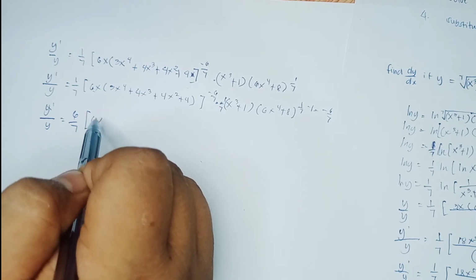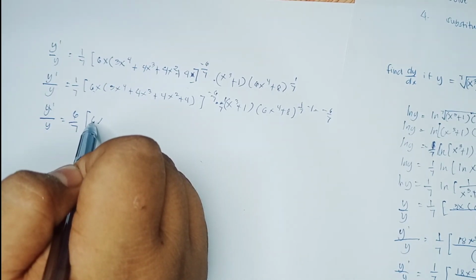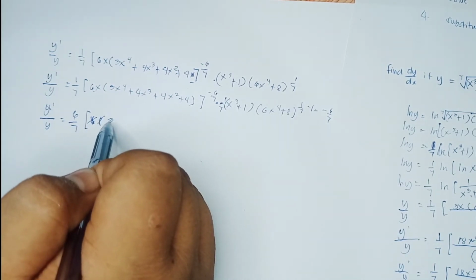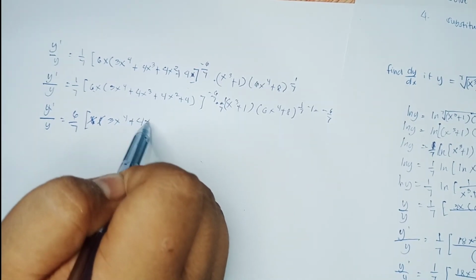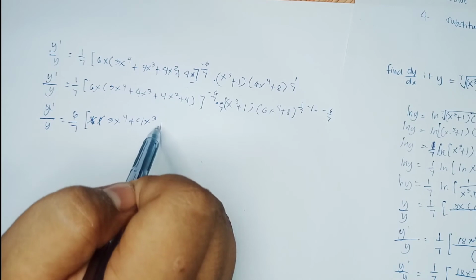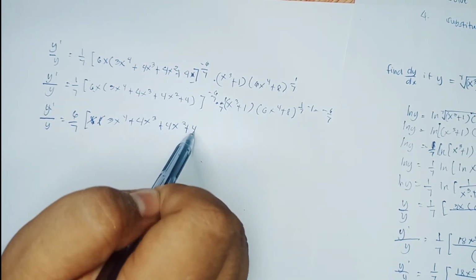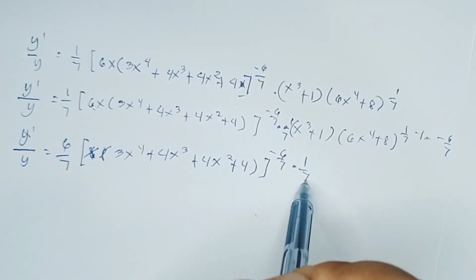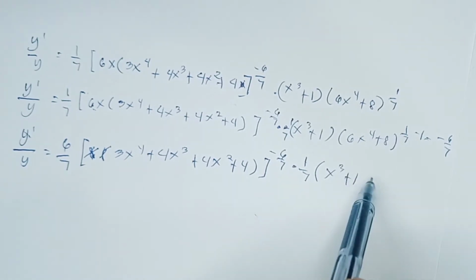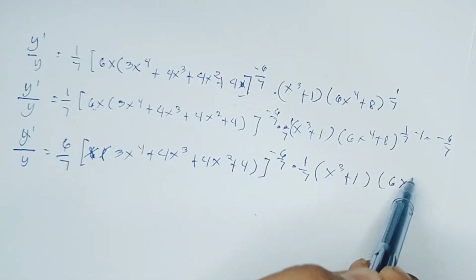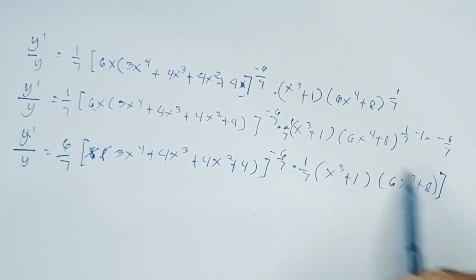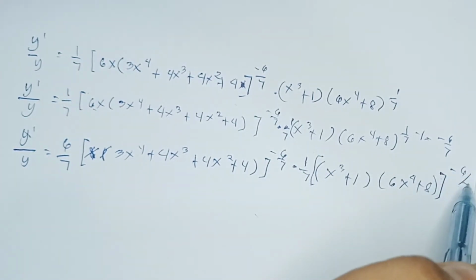Since 6 is not here anymore, we can put here x. 3x raised to 4 plus 4x cubed plus 4x squared plus 4, raised to 6 over 7, multiplied to 1 over 7 x cubed plus 1 times 6x raised to 4 plus 8, raised to negative 6 over 7.